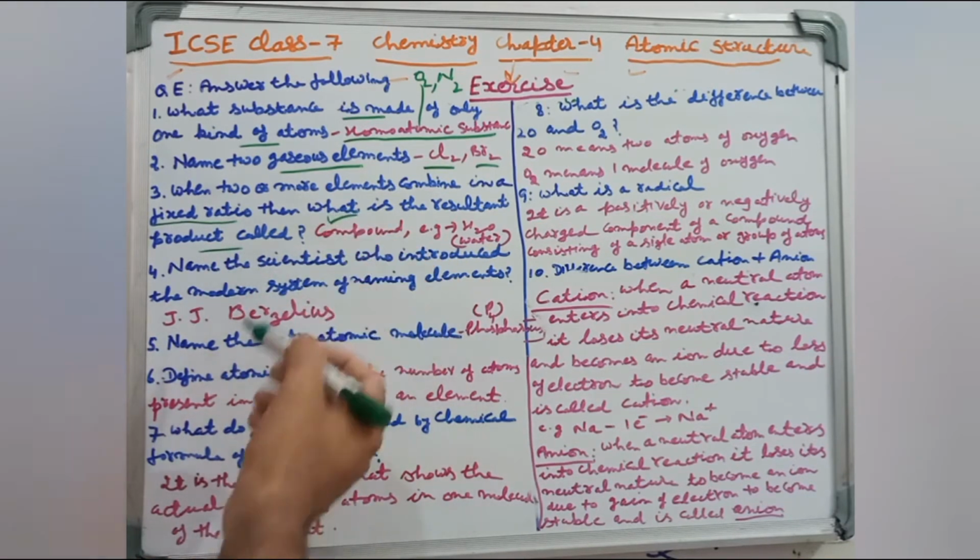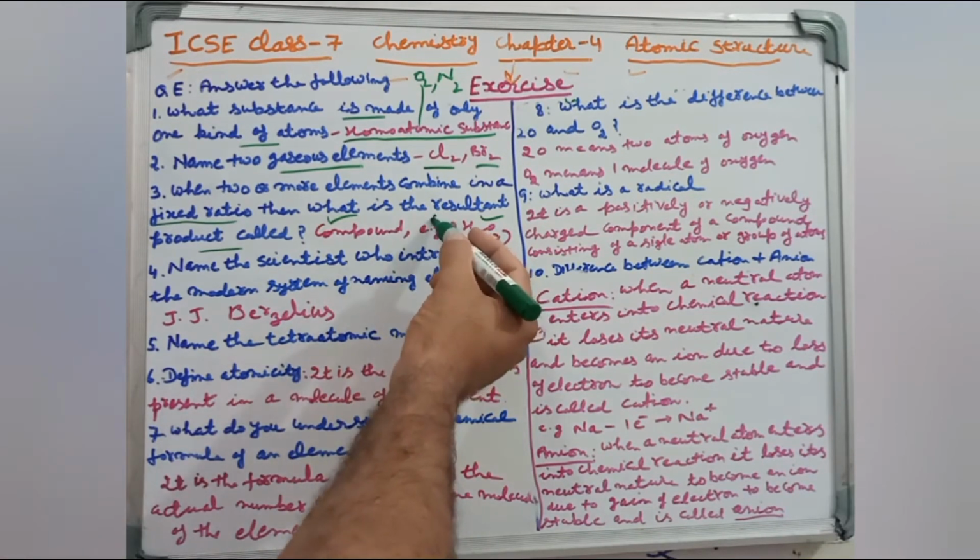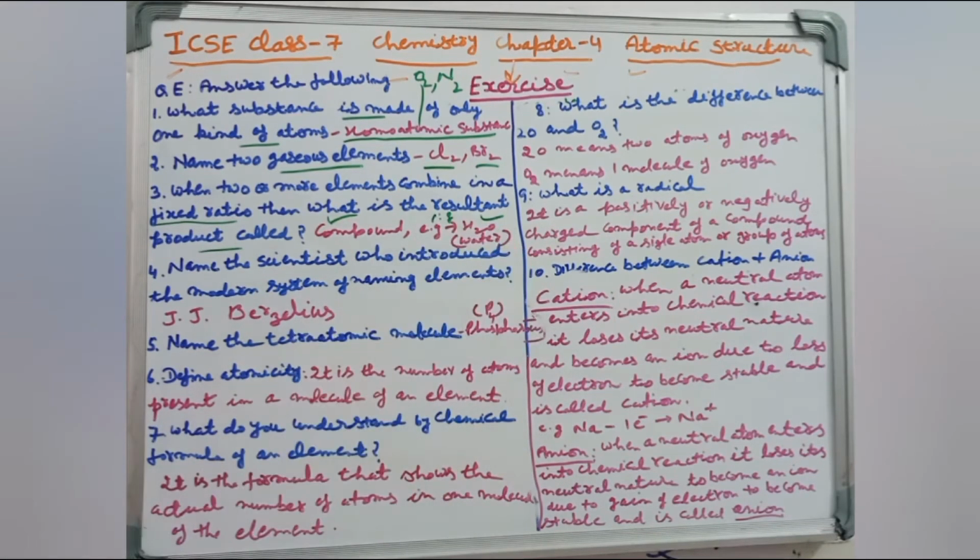The resultant product is called a compound. The simplest example is water, where hydrogen and oxygen are combined in a fixed ratio to form water. The fixed ratio is 1:8, 1 part hydrogen, 8 parts oxygen, so we get water, right?